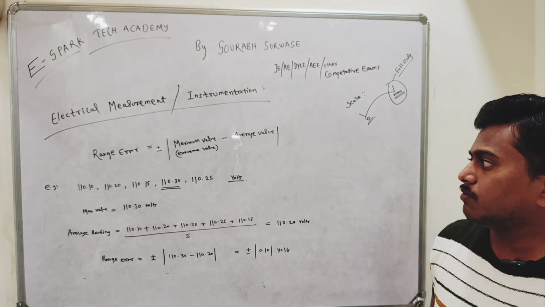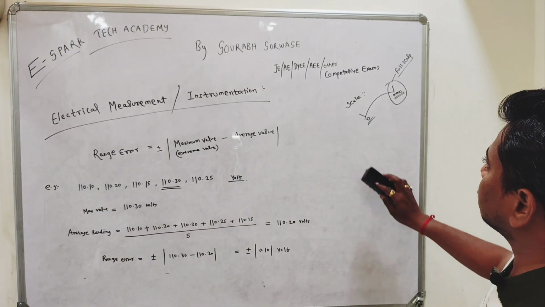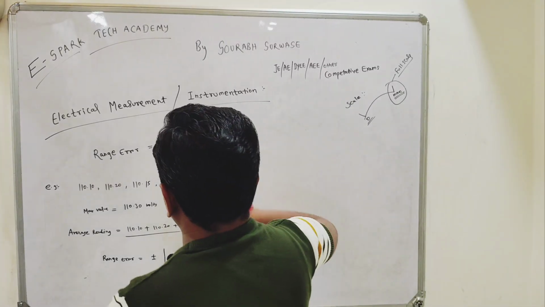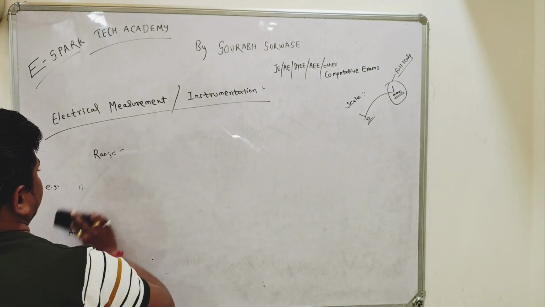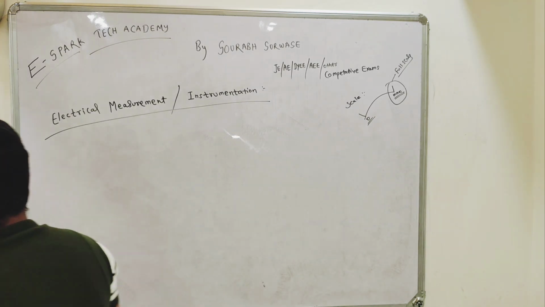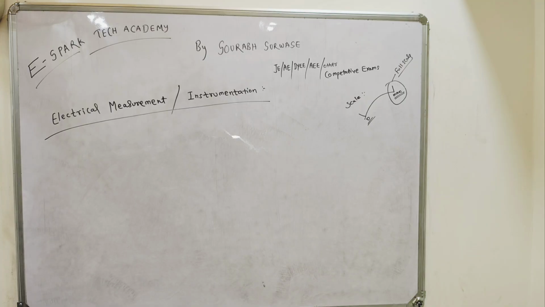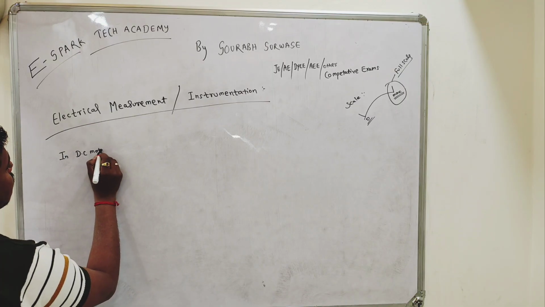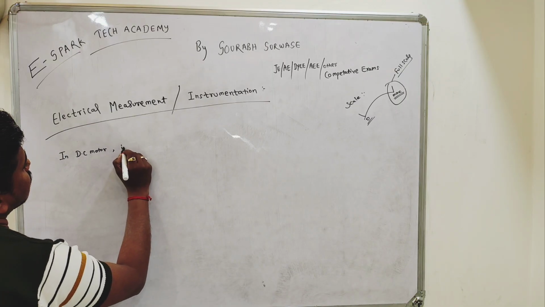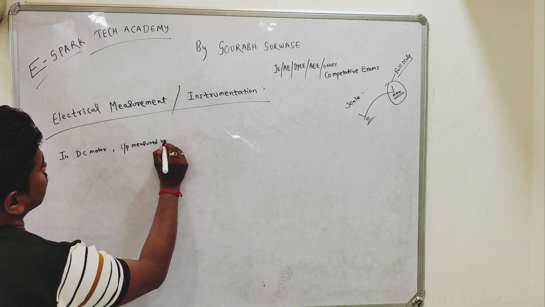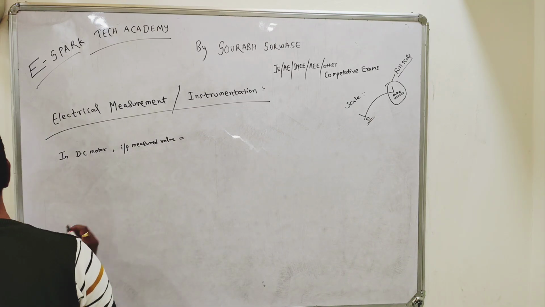Now again one problem we will be taking on limiting error. The practical problem they have given is, in a DC motor, input measured value is given.